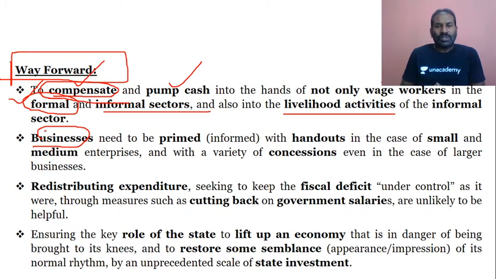That will happen only by making sure there are various concessions, like tax concessions or a moratorium, wherein three months of loans can be given suspension or some kind of relief can be given to the business people who have taken loans.